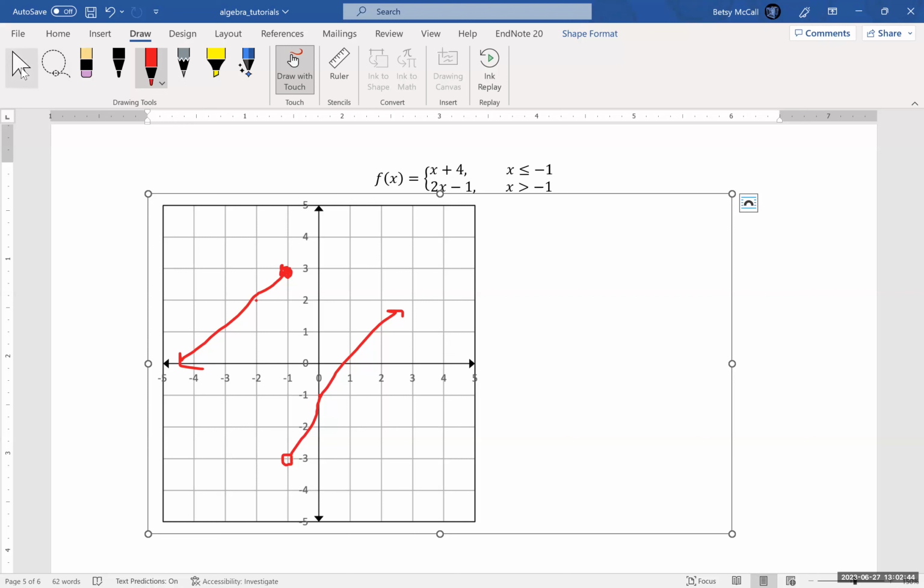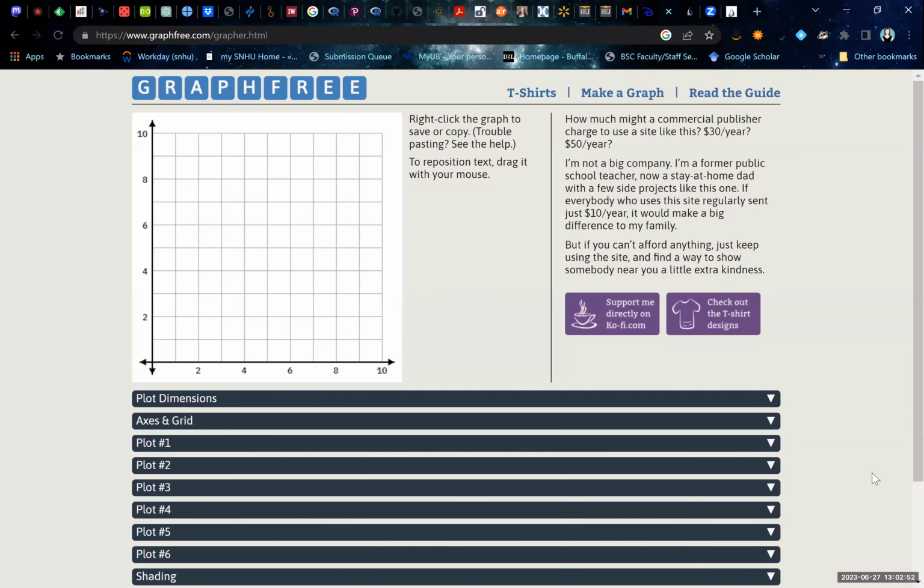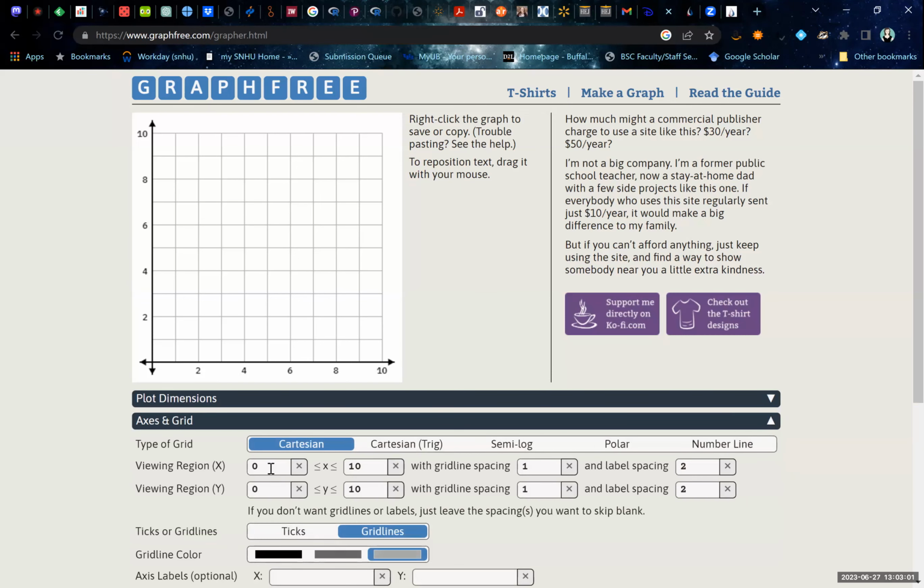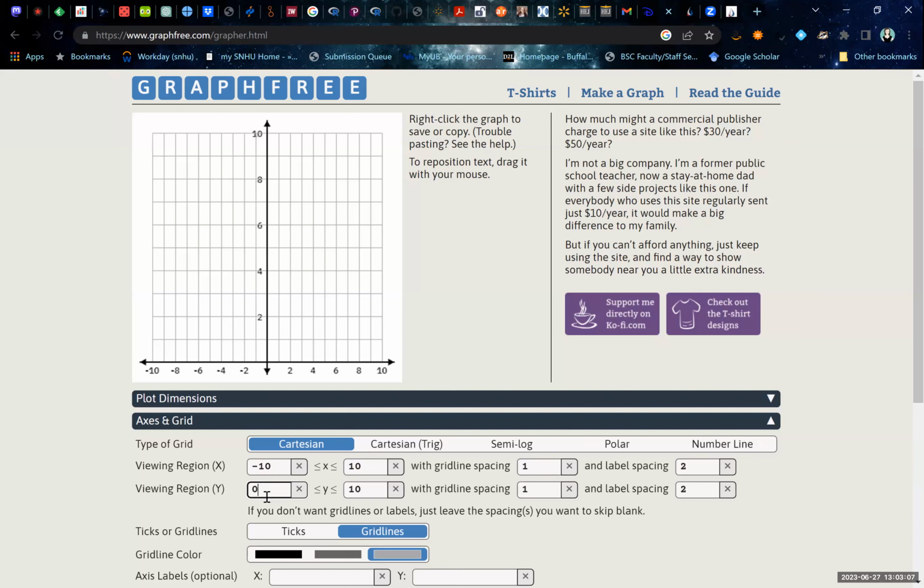Now, if we go then to a website called Graph Free, we can actually draw the piecewise graph using technology and make sure that we have the right graph. So we're going to change the axes so that we can see a bit more of the graph, not just the first quadrant.